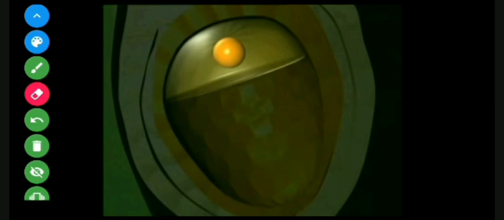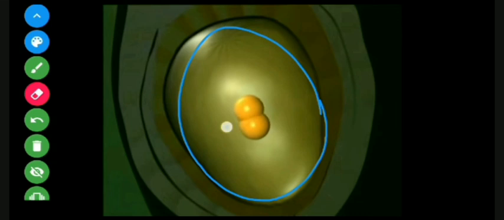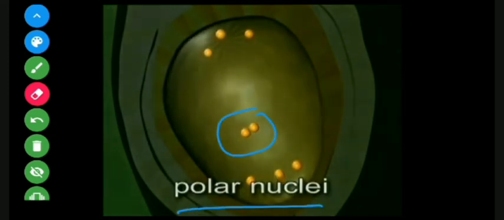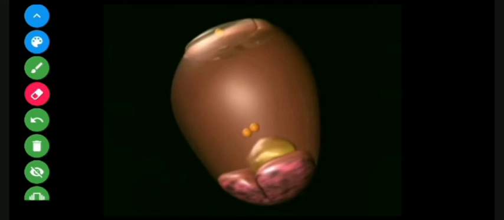Now you can see the cell gets enlarged. This is one cell having a single nucleus, and now free nuclear division will take place 3 times. So 4 nuclei go toward each pole. One nucleus from each pole will migrate to the central portion, called the polar nuclei or secondary nucleus.